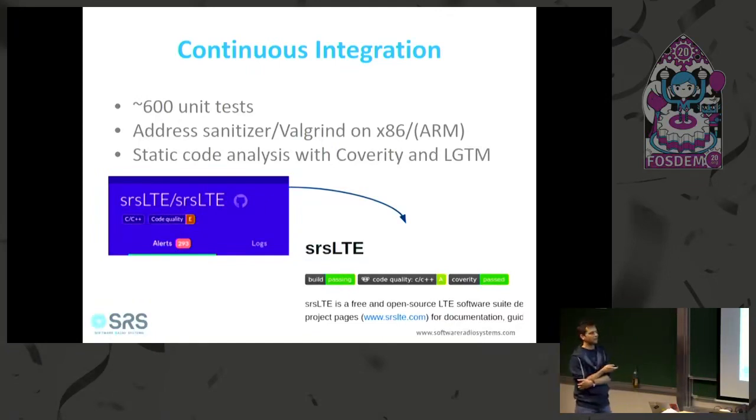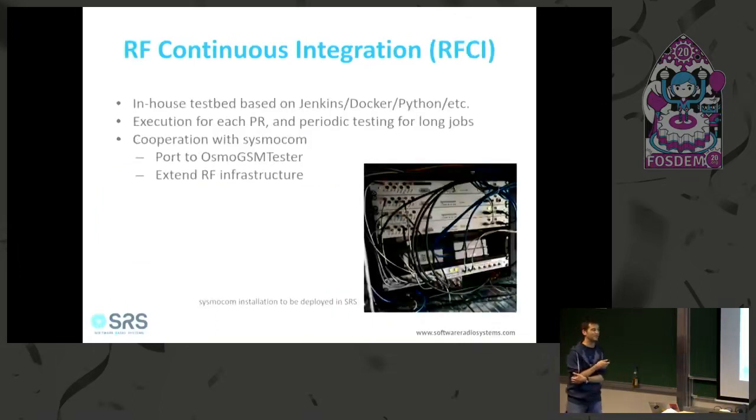Yes, and then obviously unit tests are not enough, so we are RF people. We also have an RF continuous integration that we call RFCI internally, that we heavily use for finding regression bugs related to DSP and RF issues. We developed an in-house testbed where Jenkins SSHes into machines and launches Docker and Python scripts that post-process results, analyze logs, and create reports.